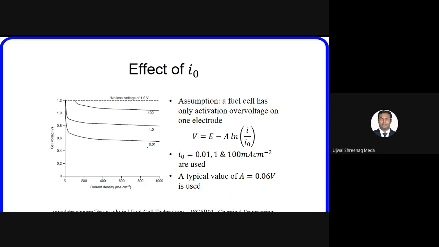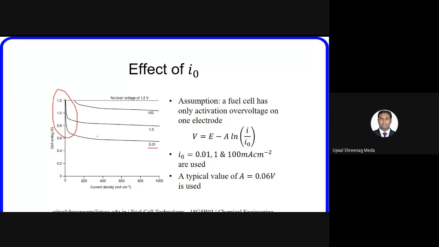The one at the exchange current density of 0.01 shows a drastic, a significant loss in voltage, which is nothing but this activation overvoltage. So when compared to this no loss voltage of 1.2, see, it can go as low as 0.6.